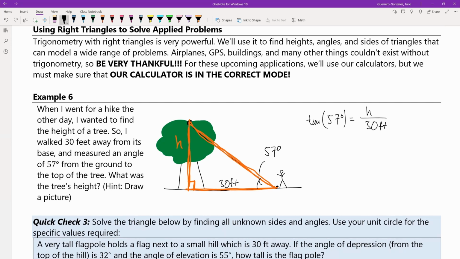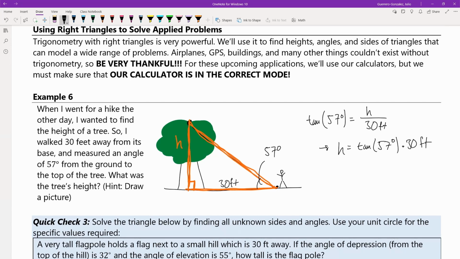Okay, so then that means H is going to be tangent of 57 degrees times 30 feet.